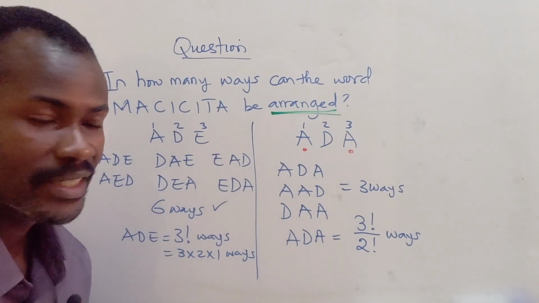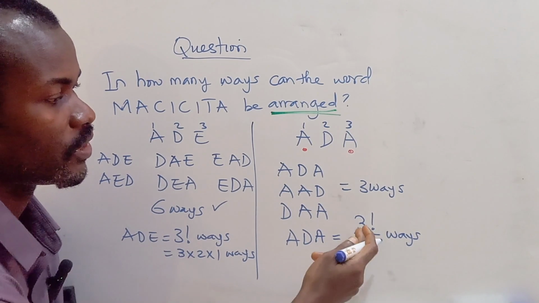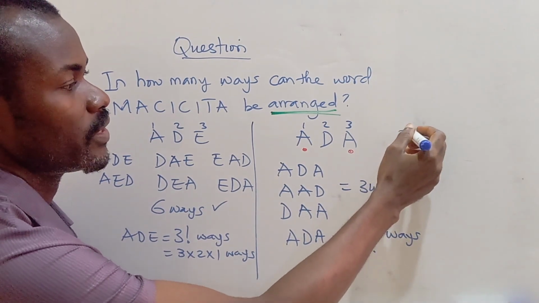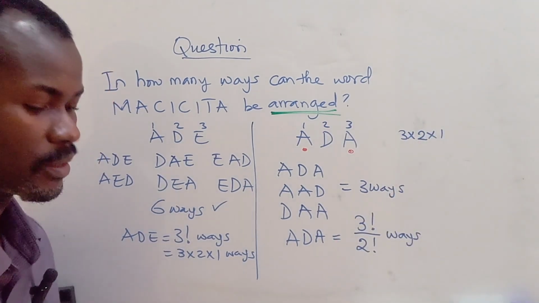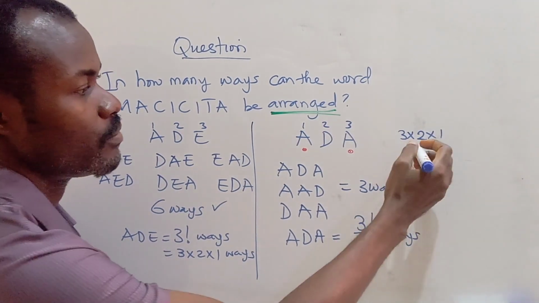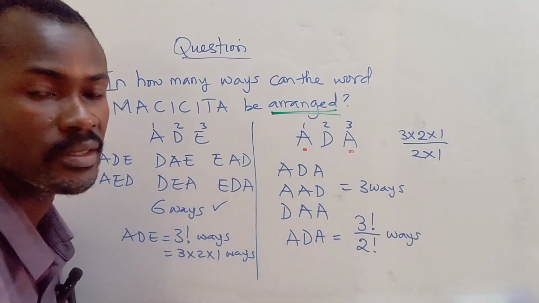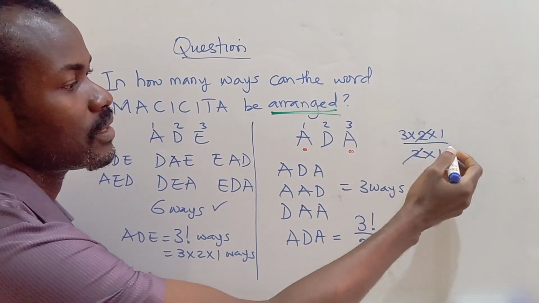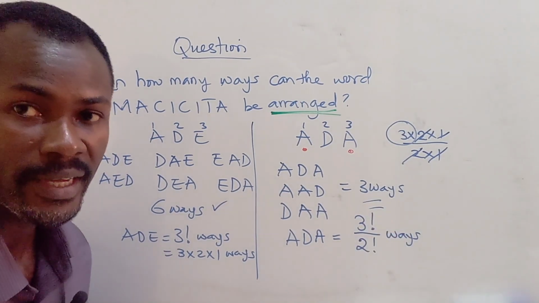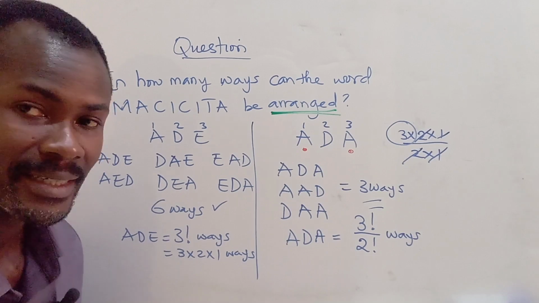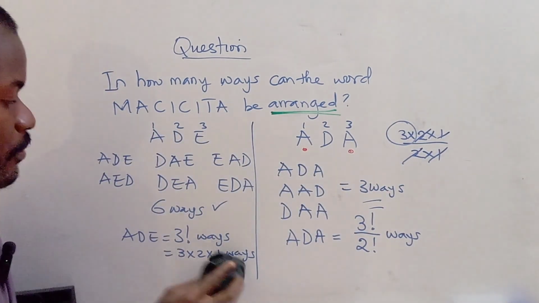Solving this is going to give us 3. 3 factorial means 3 times 2 times 1, and 2 factorial means 2 times 1, so this will cancel this. So we are left with 3 ways. We are going to apply this understanding to the problem we have on the board.